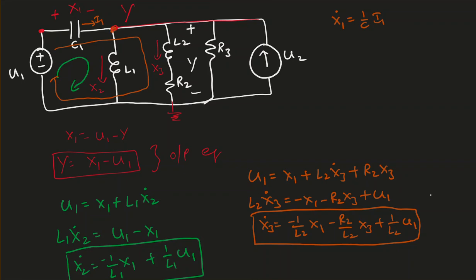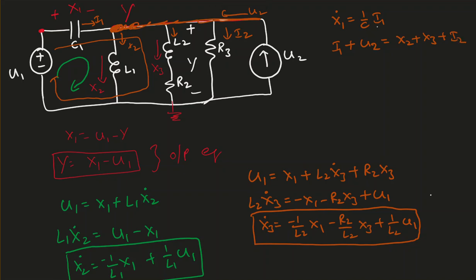So I1 current is coming in, X2 is going out, X3 is also going out, U2 is coming in, and I don't know this current, I2, which is going out. What I'm doing here is applying KCL at this node. This complete thing is called one node. So I1 plus U2 equals X2 plus X3 plus I2.